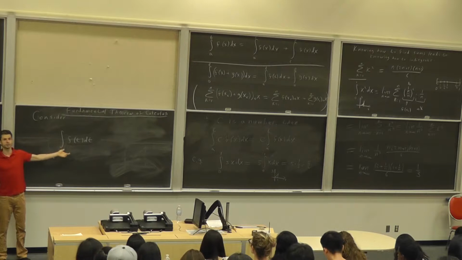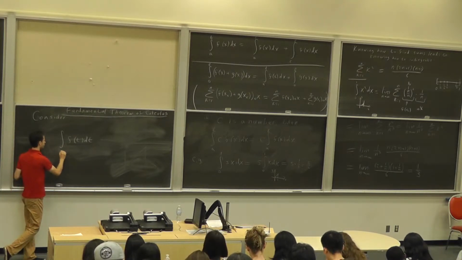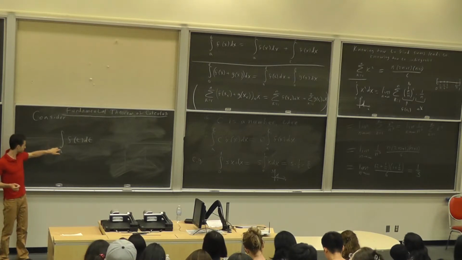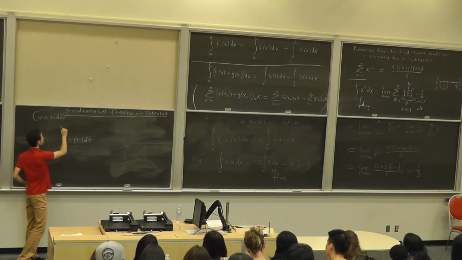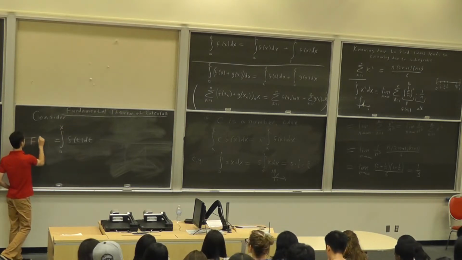I choose to call my variable t, for a reason that will come up in a second. I'll compute this area from the starting point A to some point x. And I'll call the result f of x.